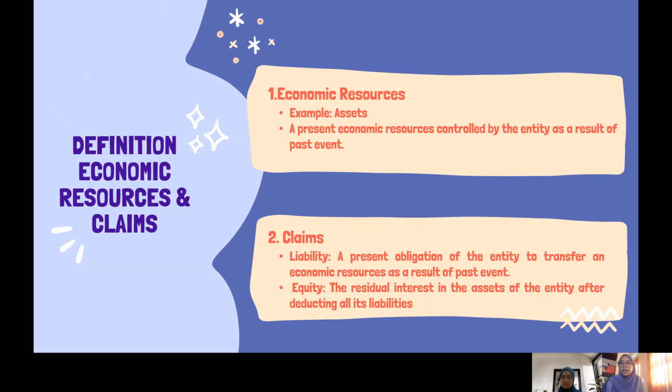The second is claims. There are two. The first one is the liability: a present obligation of the entity to transfer an economic resource as a result of past events. The second one is equity, which is the residual interest in the assets of the entity after deducting all its liabilities. Okay, the next slide.